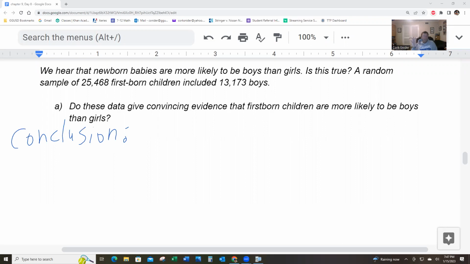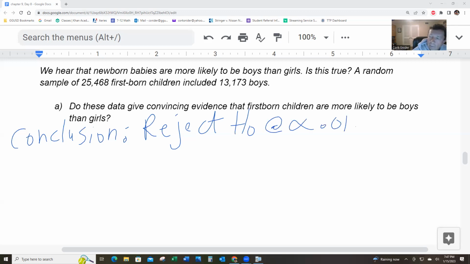It doesn't have one. If it doesn't have one, just pick one. And in this case, it doesn't matter because it's below both 0.01 and 0.05. So I'm going to put reject H0 at alpha 0.01. Okay.